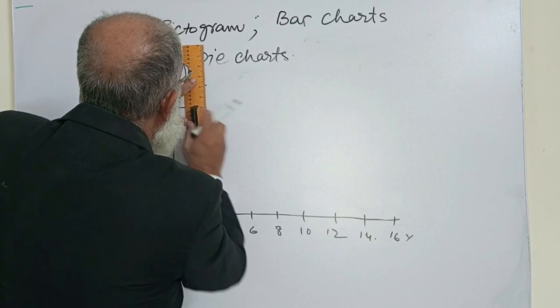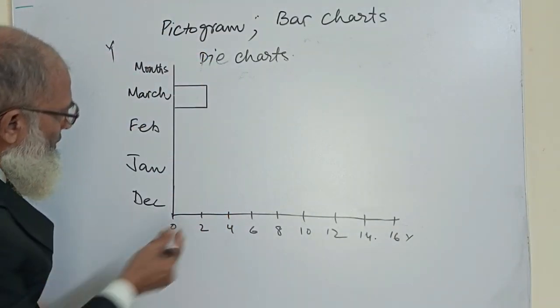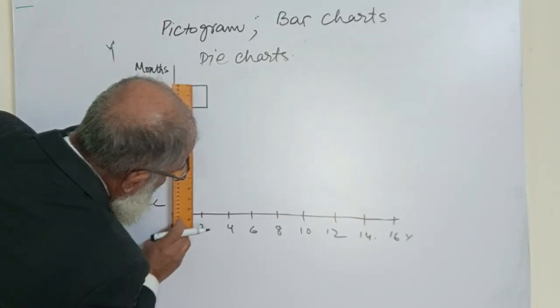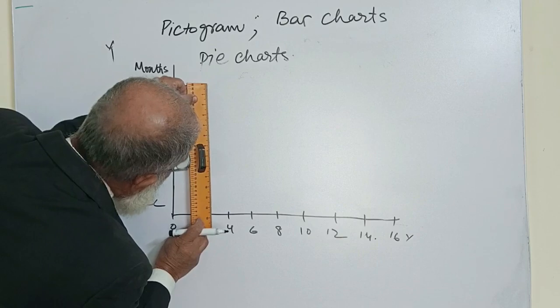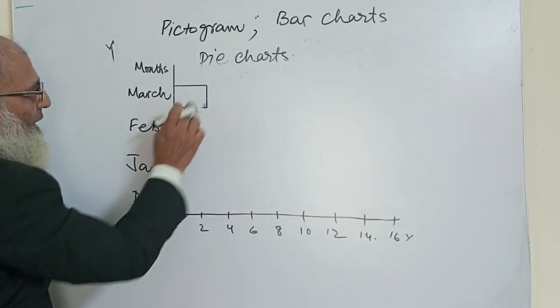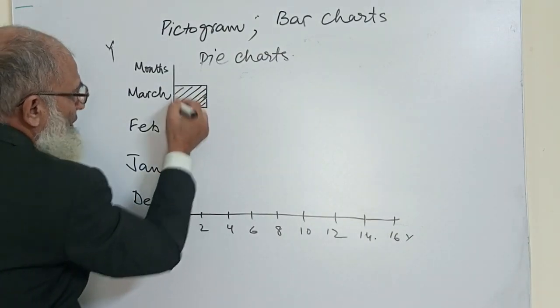And we'll close it from here. Now this represents, you see, if I cross it over here, you find that this is 3 coming over here. Now in March there are 3 days of raining. You can even color it also.